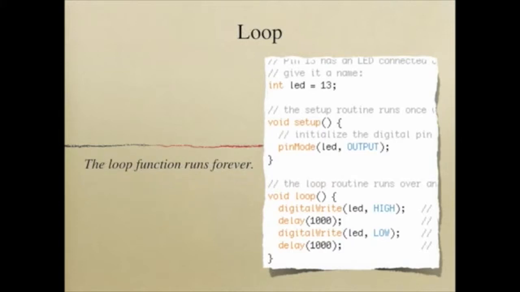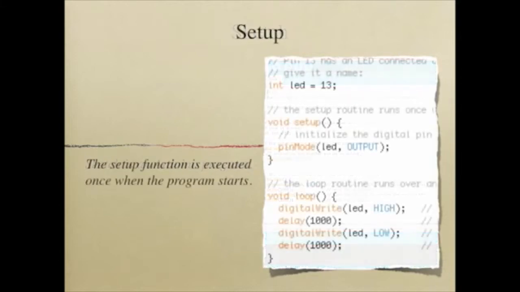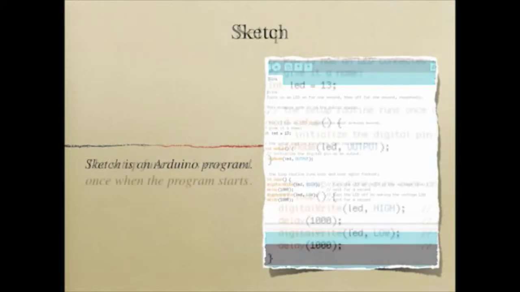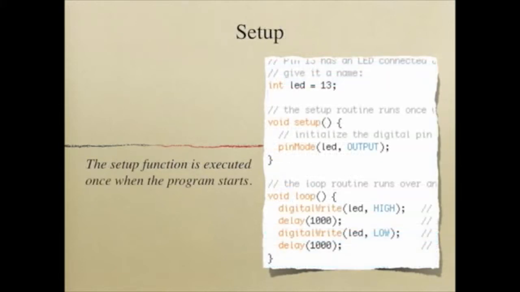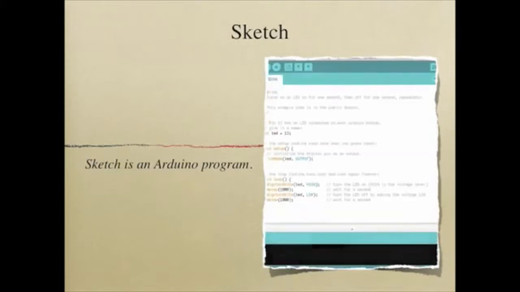The digitalWrite function outputs a high logic level or a low logic level to that pin. The delay function allows you to delay or sleep for a number of milliseconds. You pass the number of milliseconds that you want to delay into the function.